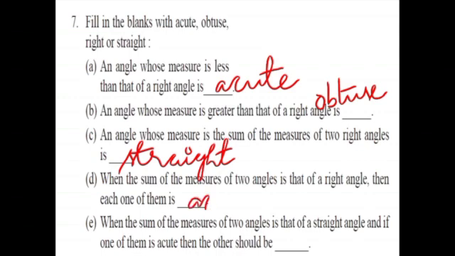Okay. E question. When the sum of the measures of two angles is that of a straight angle, and if one of them is acute, then the other one is, yeah, obtuse.